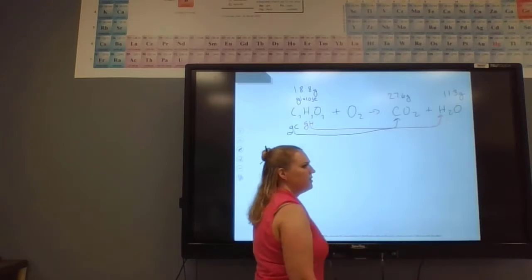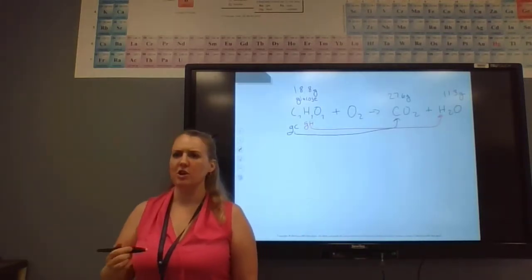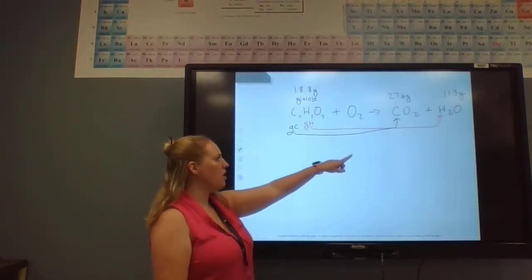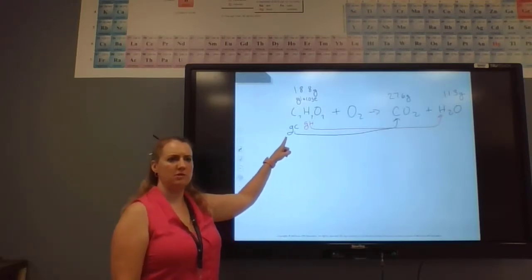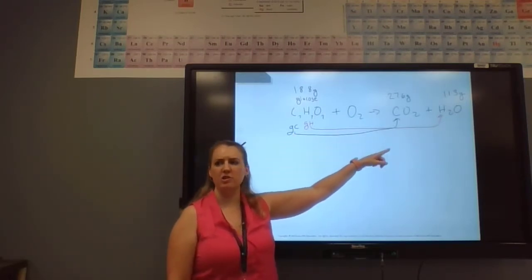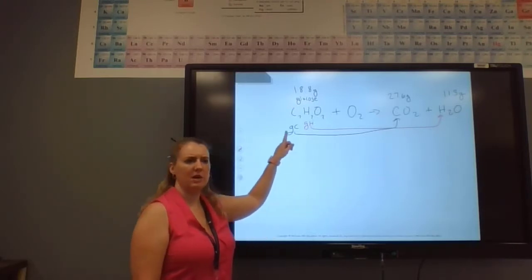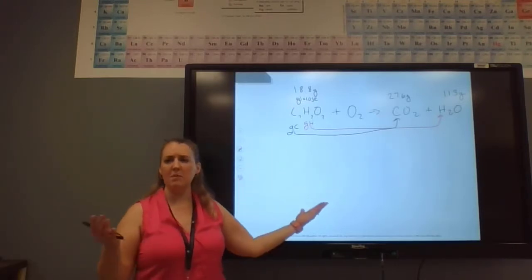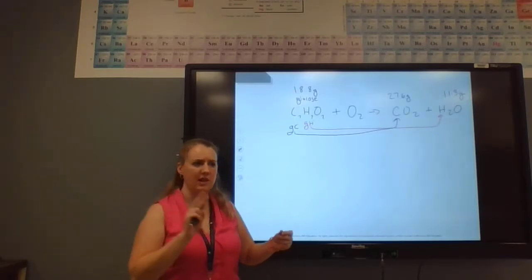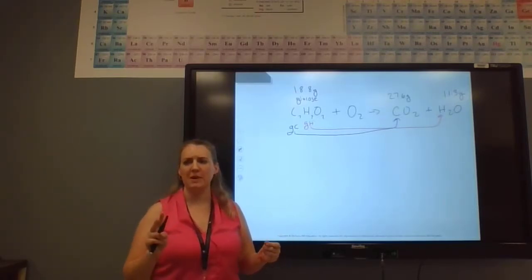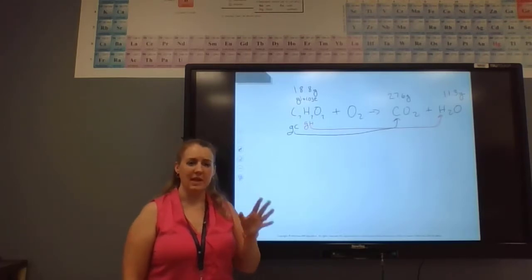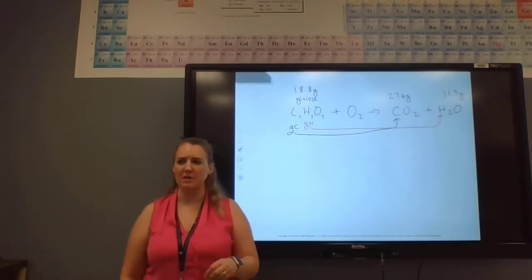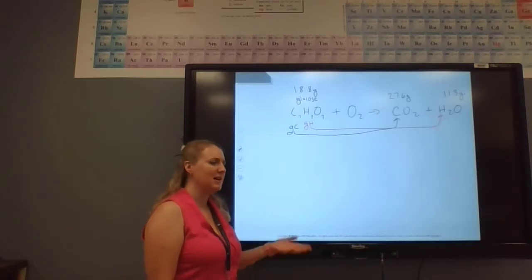So the idea is, if I can determine how many grams of carbon are in carbon dioxide, then I'll know how many grams were in glucose. If I can determine how many grams of hydrogen were in water, I can determine how many grams were in glucose. And then I'm at the point, step 2, that I was in the last problem. I have grams of my elements, convert to moles, divide by the smallest number. So, same idea, just the first step is a little bit different because we can't pick our sample size, we have to use the sample size we were given.